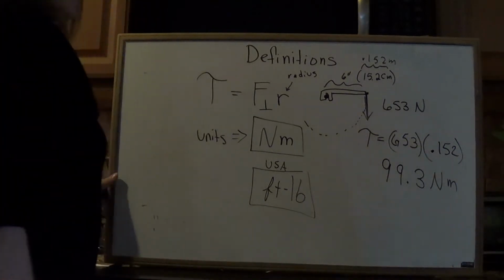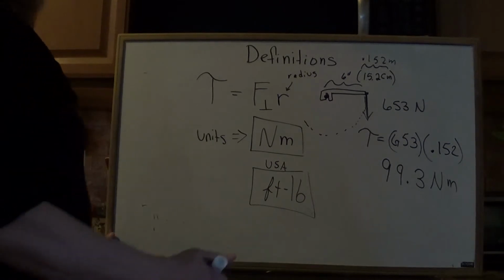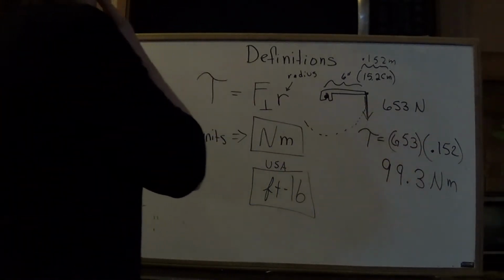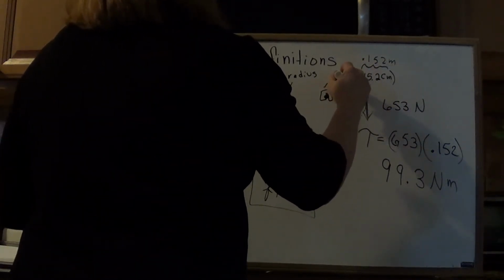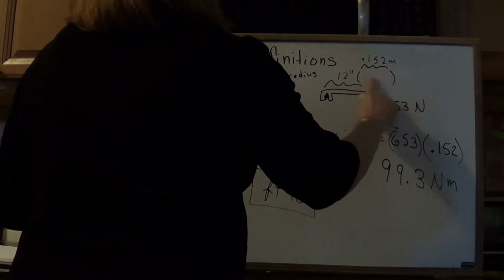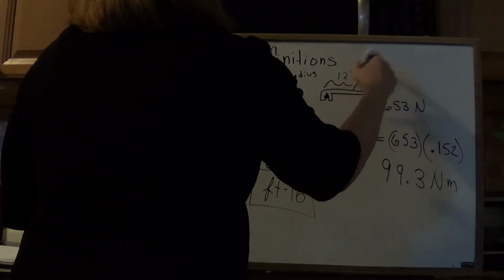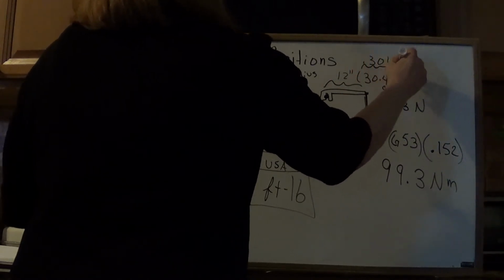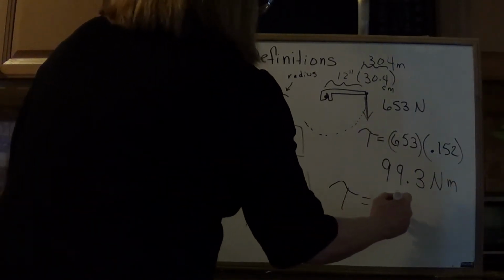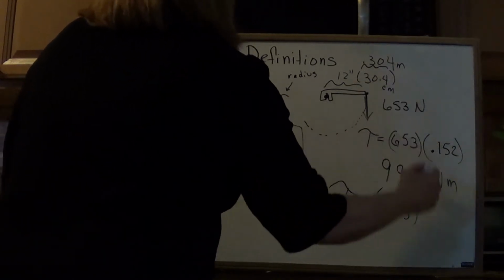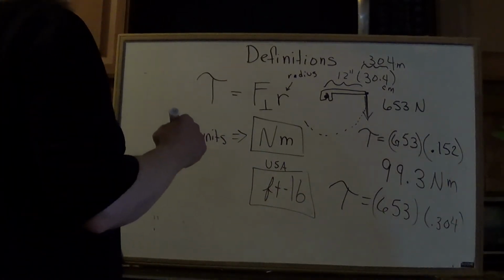That's 99 point something newton meters. But guess what? The bolt did not move, not one bit did it budge. And I can press no more than the force of 653 newtons. So we said, well, what if we change the lever arm and we get a longer wrench? So 15.2 is now 30.4 centimeters, or 0.304 meters. Now if I calculate the torque this time, it's still 653 newtons times 0.304 meters.